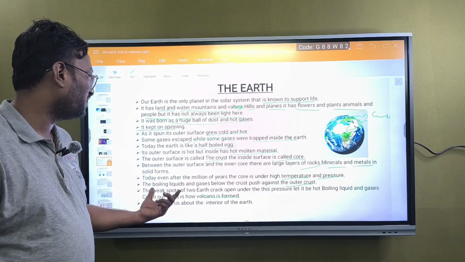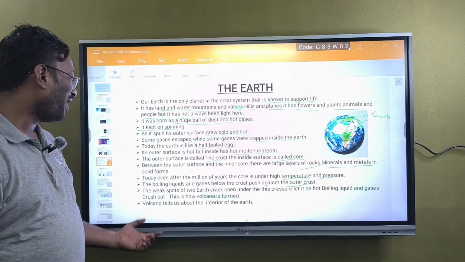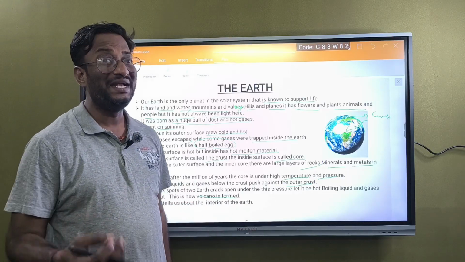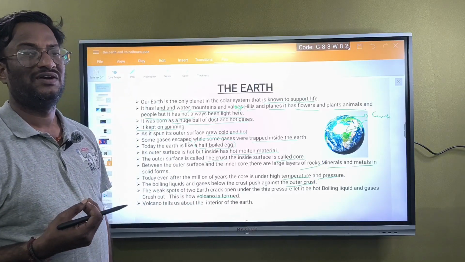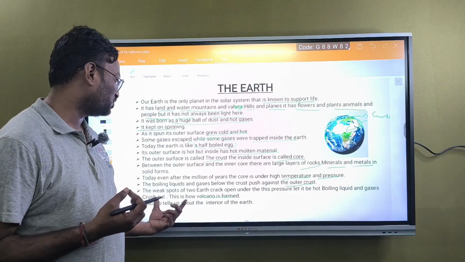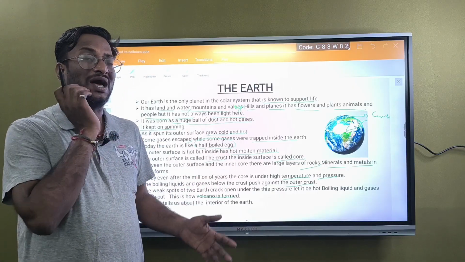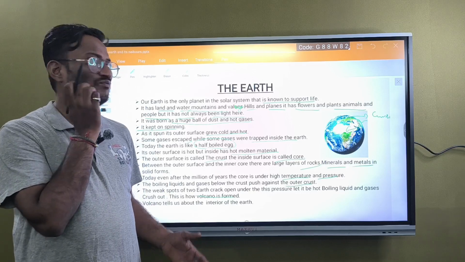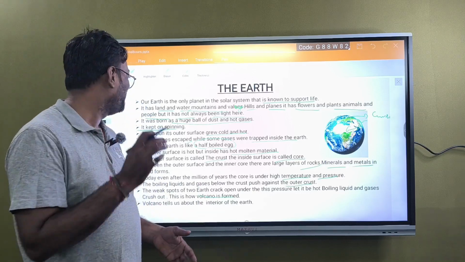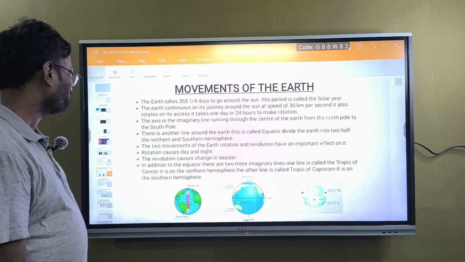That is what we call volcanoes. Volcanoes tell us about the interior of the earth. From volcanoes we can learn how the interior of the earth is.